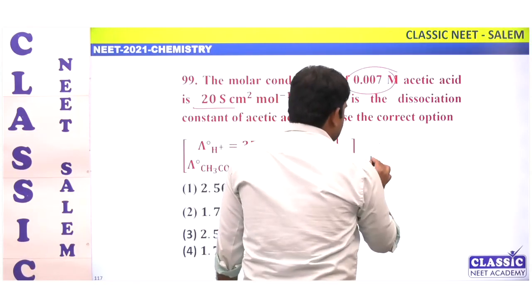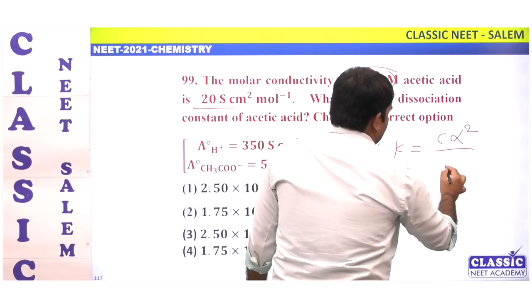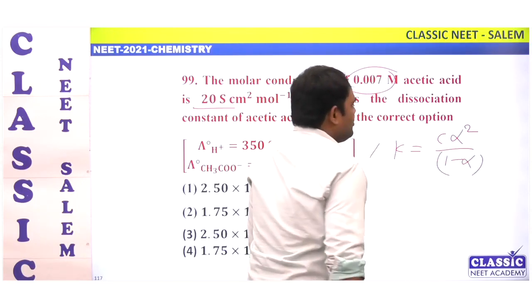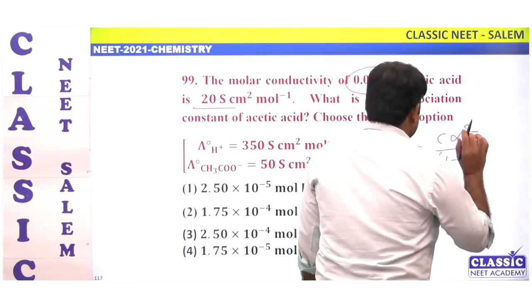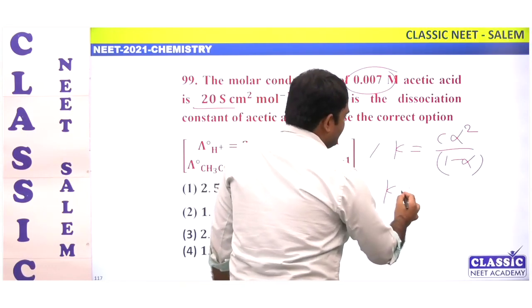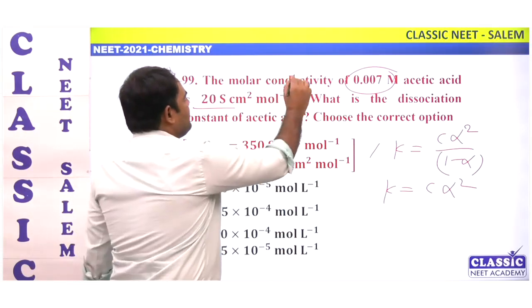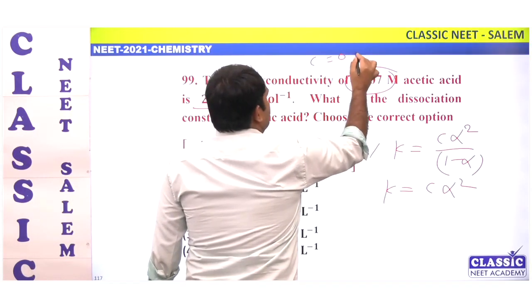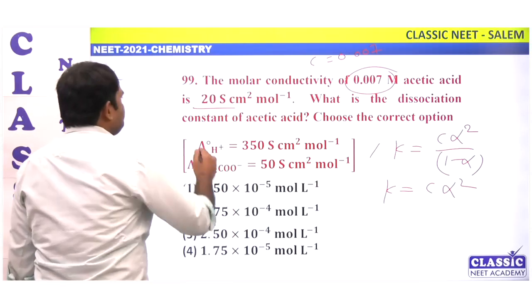So you know that there is one formula, K is equal to C alpha square upon 1 minus alpha. Because it is a weak acid, we can neglect the 1 minus alpha. So when we neglect that, directly we can write C alpha square. The C value is given here: 0.007. But the alpha value we have to find out.